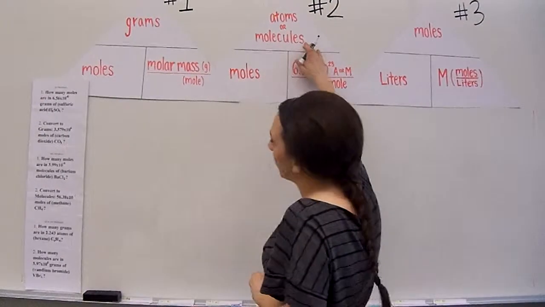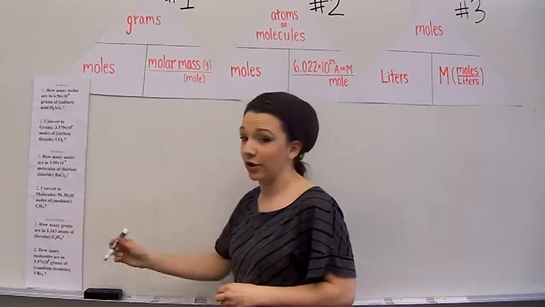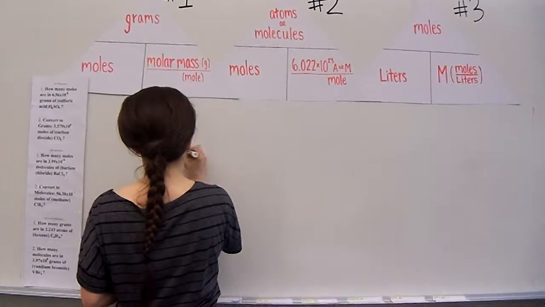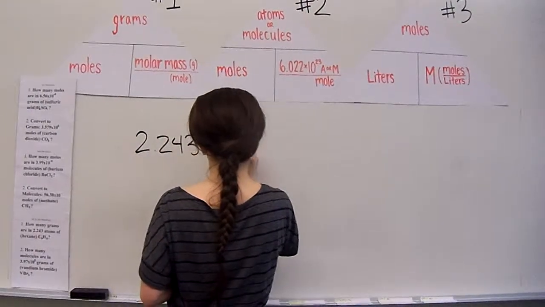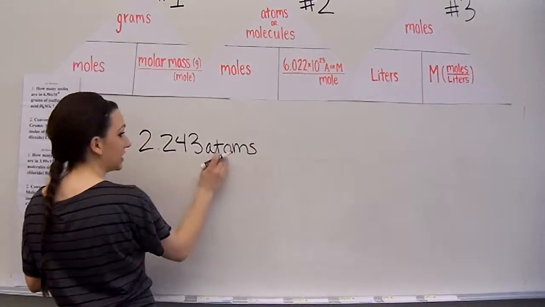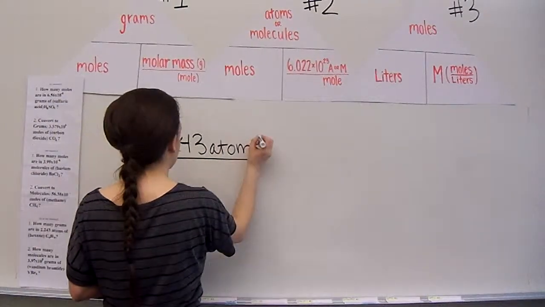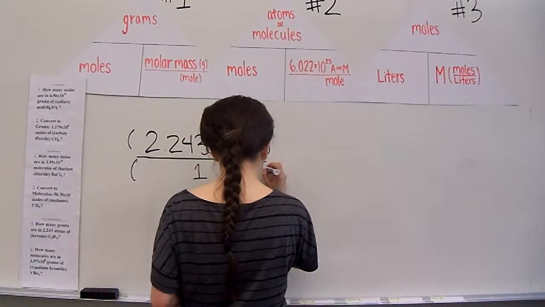Go ahead and read it. We have 2.243 atoms, which was our given, so we are going to write that at the top. Make sure that you have your label. Go ahead and put that over 1.